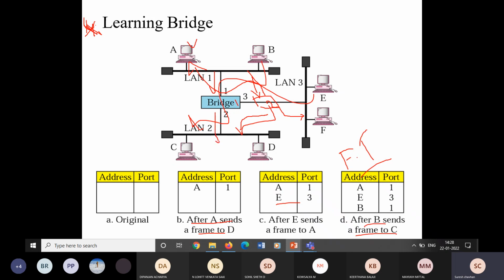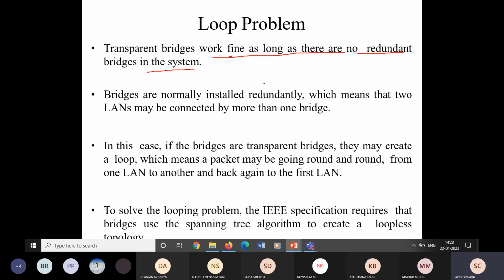So the same information will be sent twice, right? One time here and a second time here. If we are having this kind of structure or network of bridge connections, then we call it redundant bridges in the system, right?